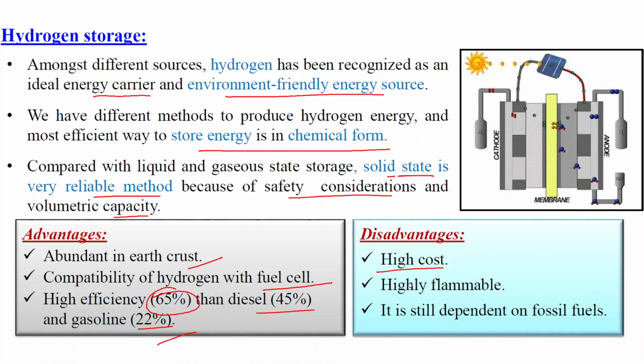Disadvantages: it has a high cost, high flammability, and it is still dependent on fossil fuels. Till now, hydrogen is produced using various fossil fuels only. We have not yet shifted completely towards water electrolysis or green hydrogen production techniques.